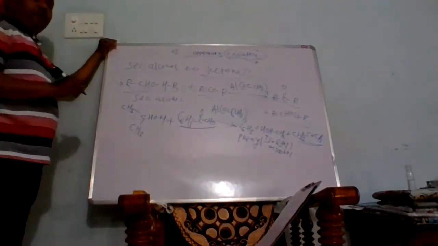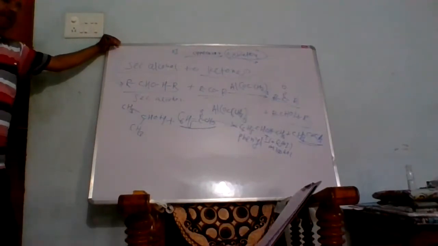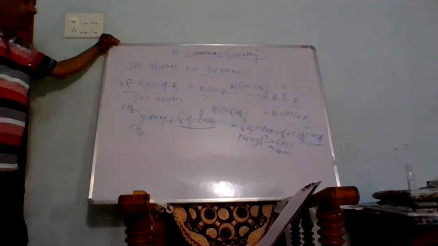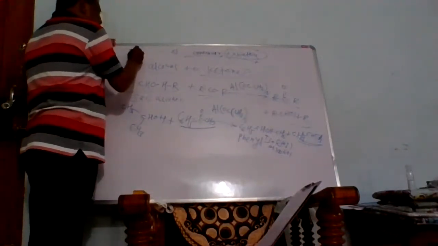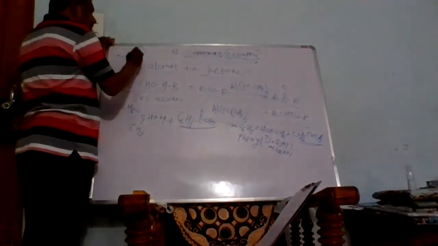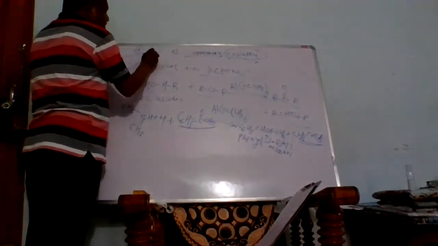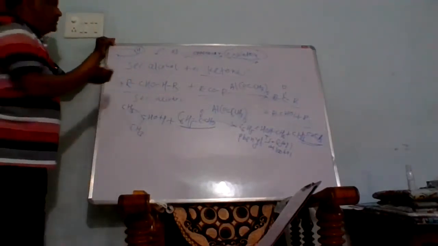The mechanism of this reaction is the reverse of MPV reduction. In reduction, hydrogen is added; in this reaction, hydrogen is removed. Or simply, in oxidation, oxygen is added, or there is gain of oxygen.